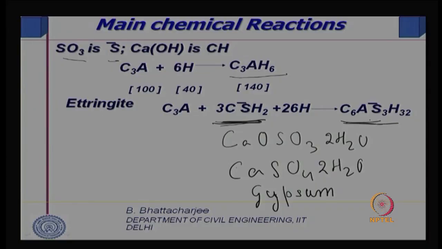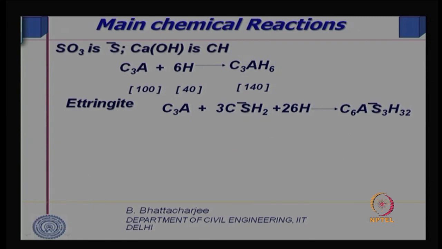Now, this calcium sulphate or gypsum, hydrated calcium sulphate, readily reacts with C3A and forms a compound of this kind, C6A S3 bar H32. So, C3A reacts with gypsum in presence of water to form this compound, and this is called ettringite.